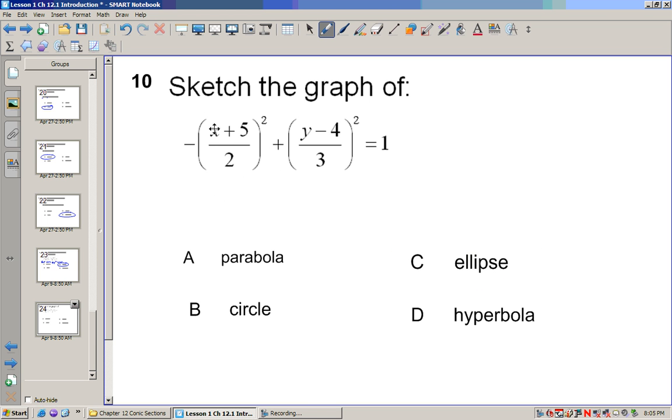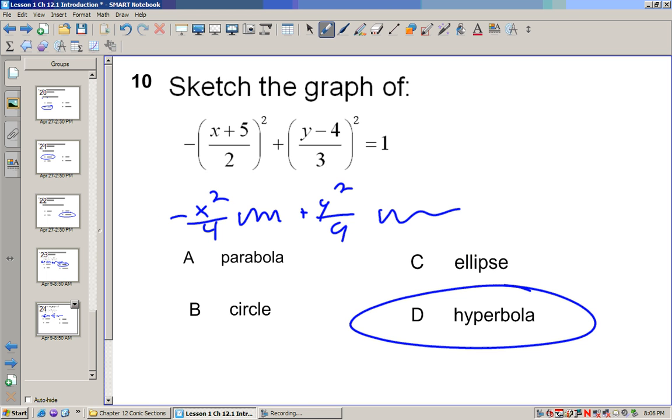This one, we'd have 1/2 squared, and there would be a negative on that, so it would be negative x squared over 4. And then this one would be plus y squared over 9. Now we could figure out all of those other values, but in the end it really doesn't matter. This is negative and that's positive, so we know it's going to be a hyperbola.